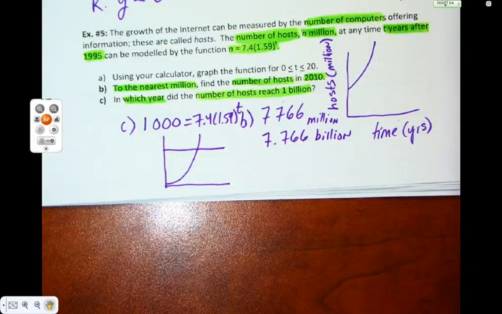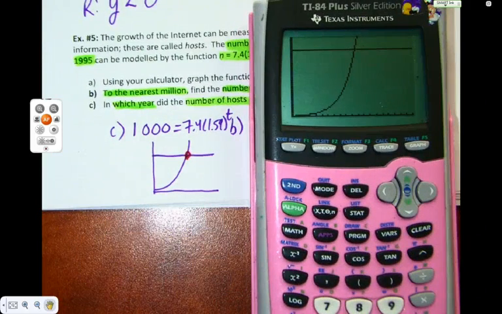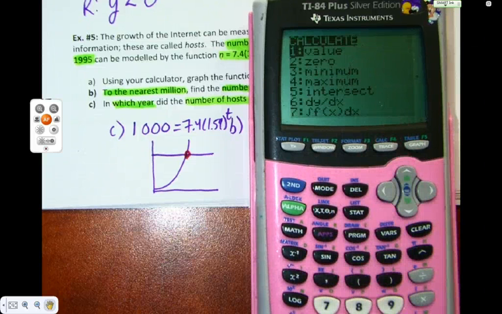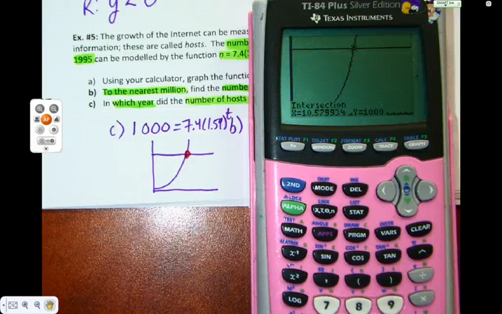We need the graph and, okay, second function trace. Do I need to? Yeah, if there's only 2 graphs, you can just hit enter because the calc knows.